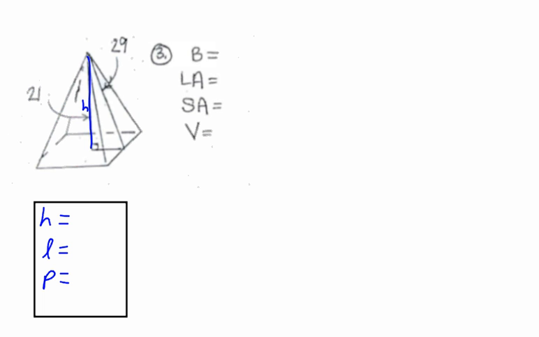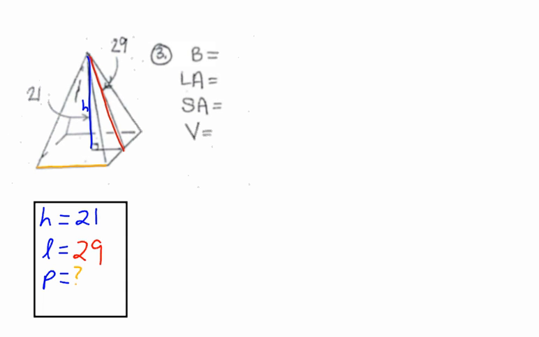So my height for this pyramid is 21. My slant height is going down this side, so that is 29. I can't calculate the perimeter because I'm not given the length or the width of the base.